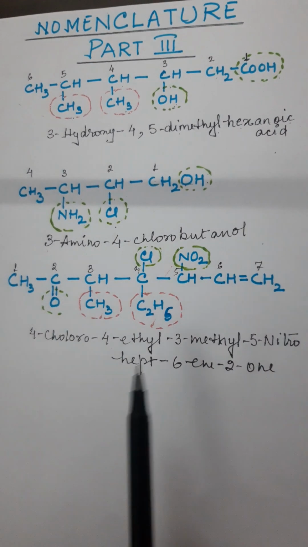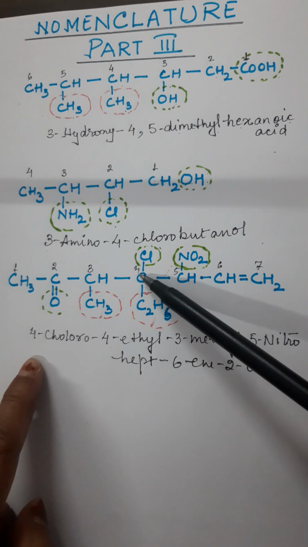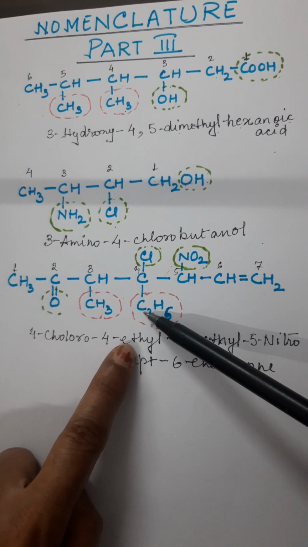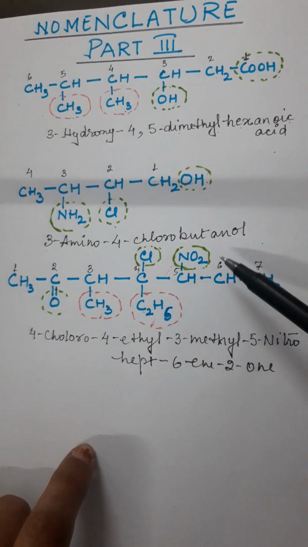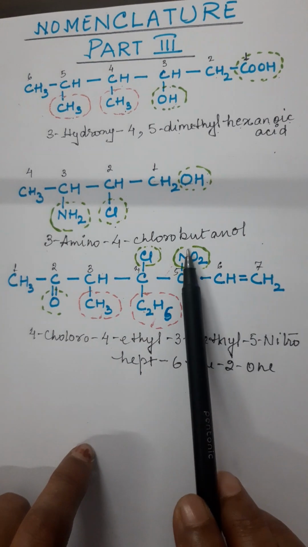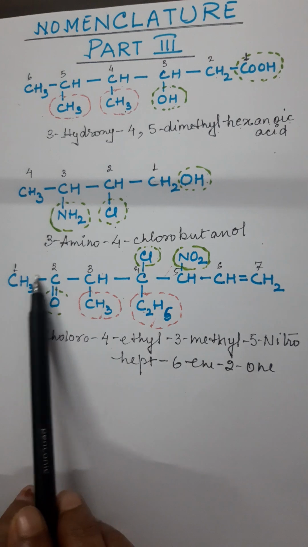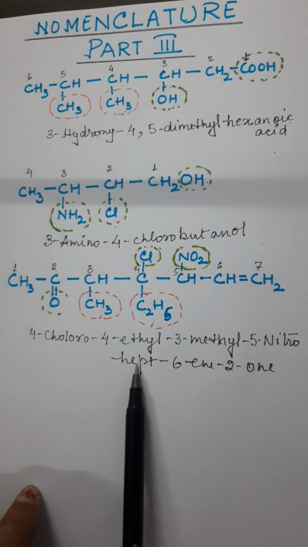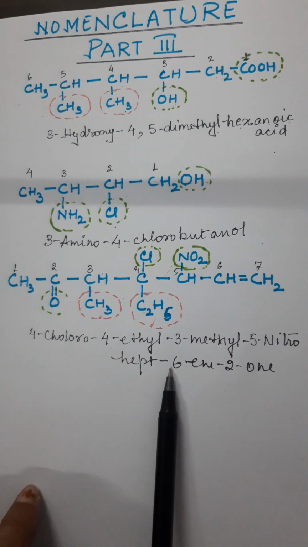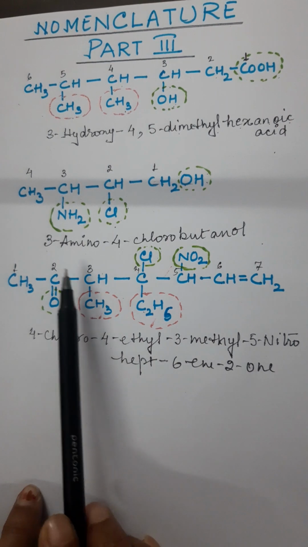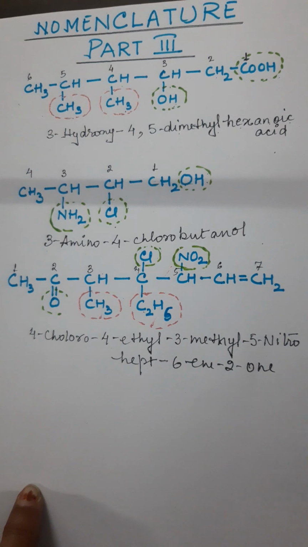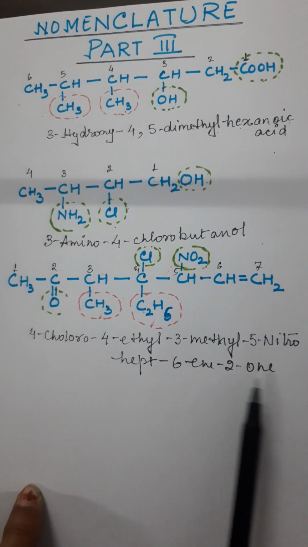This is a little bit complicated. You see, 4th position chloro, then 4th position ethyl, then 3rd position methyl, 5th position nitro, then there is the root word 7, so it is hept. Then in the 6th carbon there is a double bond, so 6-en, and then in the 2nd carbon there is a ketone attached which we suffix as one, so it is 2-one.